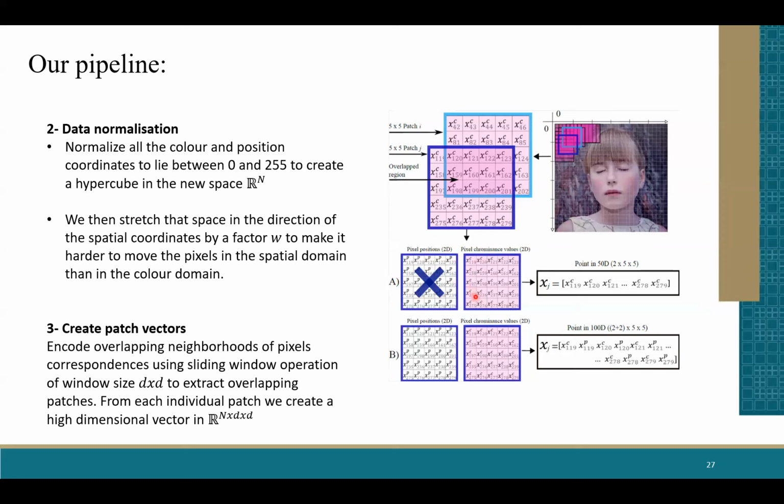From each patch, we create a high dimensional vector by concatenating all the pixels in the patch with their dimensional features, color only or color and position. So each patch corresponds to one point in, for example here, 75 dimensions, and when combining the position, one point in 125 dimensions.